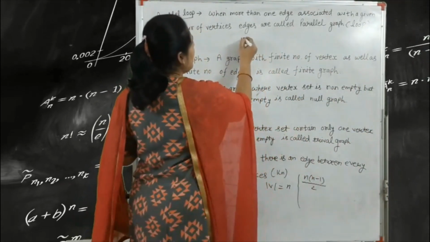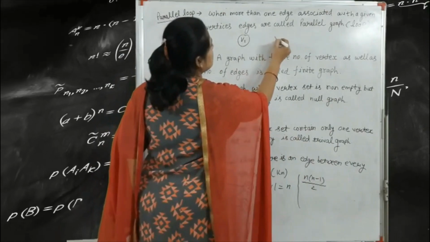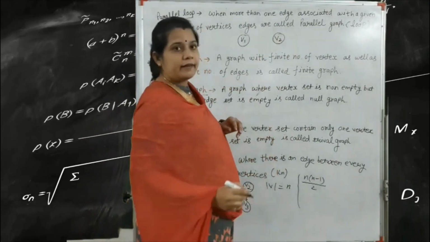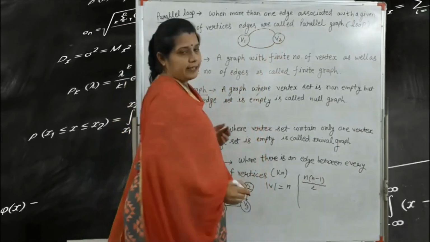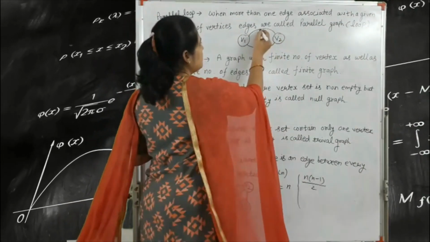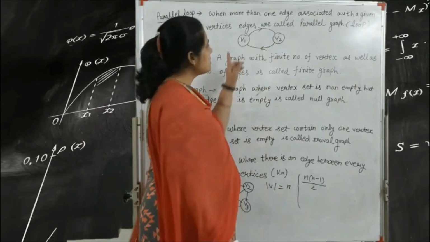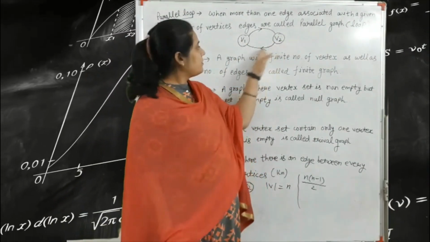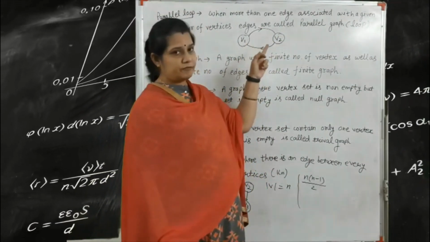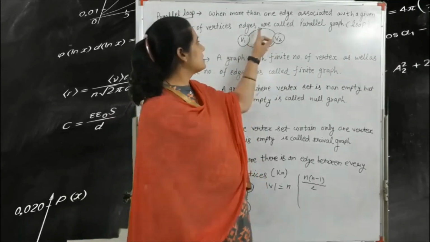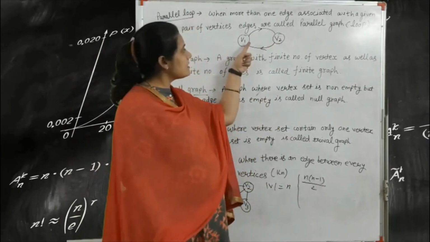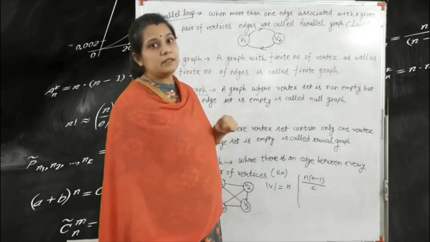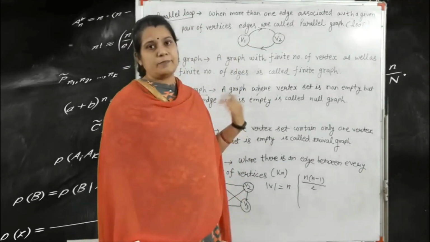If we have two vertices V1 and V2, and here we write two edges, directed or undirected, both are correct. In case we write the direction, that means V1 to V2 and V2 to V1. So V1 and V2 are two vertices, and the edges we can call E1 and E2. So this is the example of parallel edges.